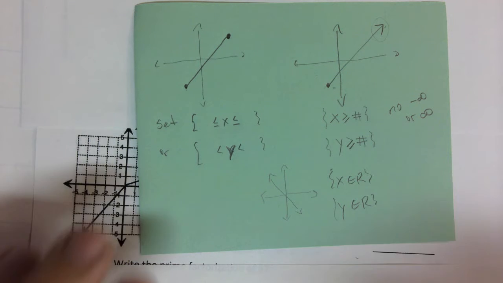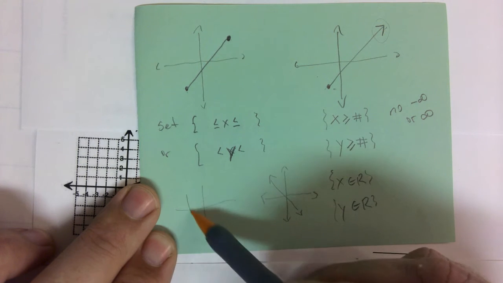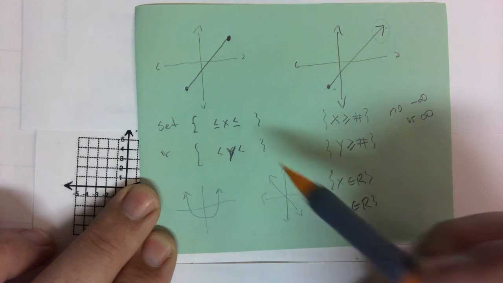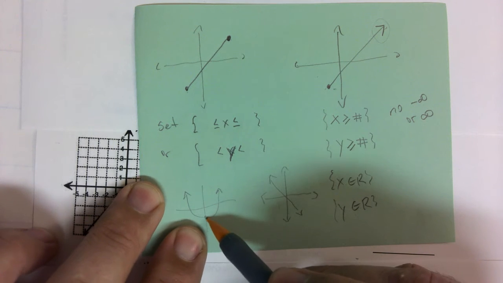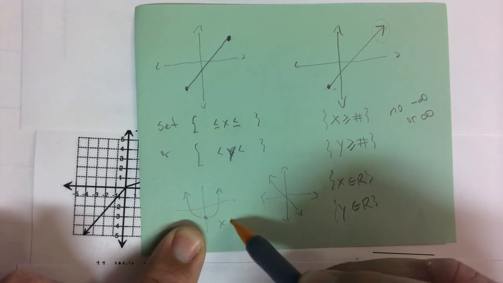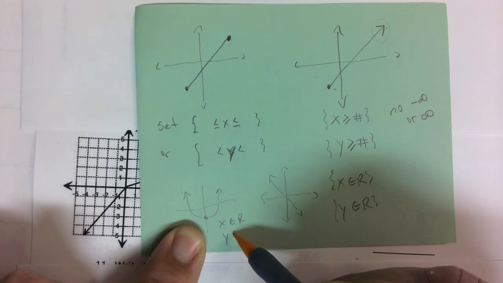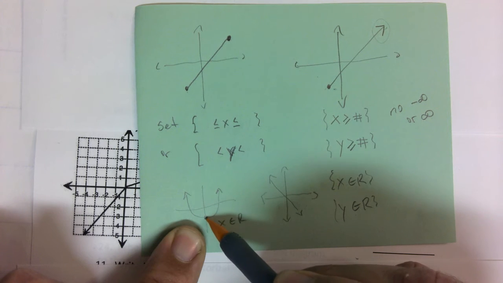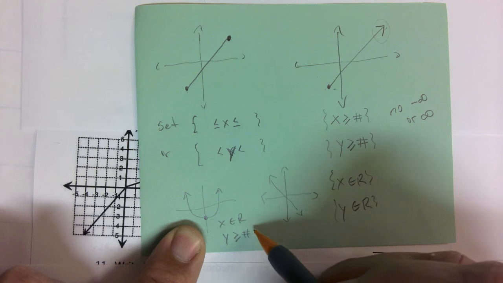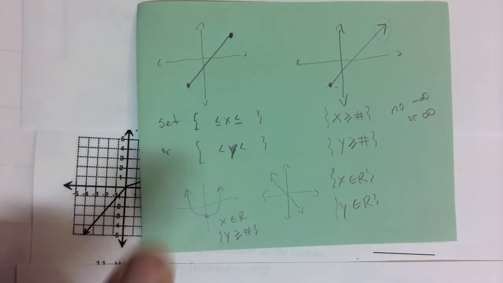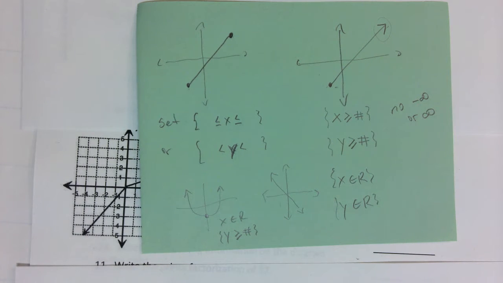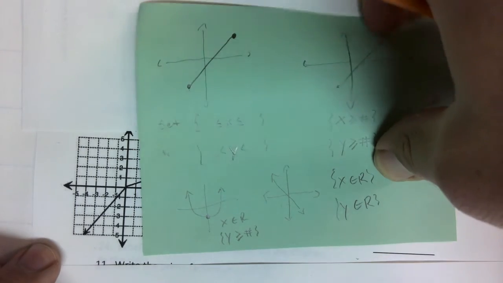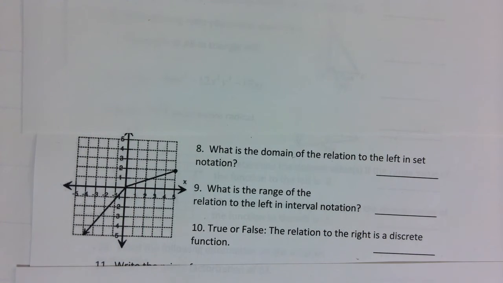If you have a parabola like this, here it's a little bit different. x is part of the real numbers. y is going to be greater than or equal to whatever that value is in this case. It could be less than or equal to if it's pointing down. So keep that in mind. Go back to your notes. I did a lot of this in chapter 5.